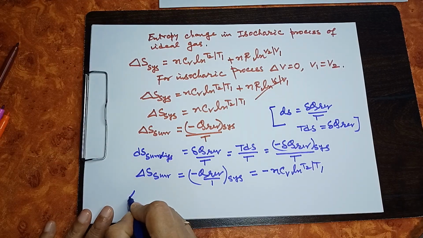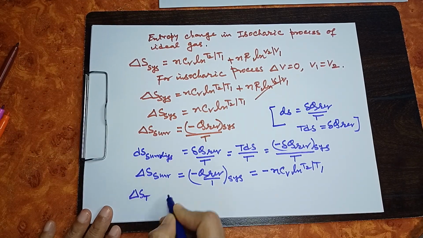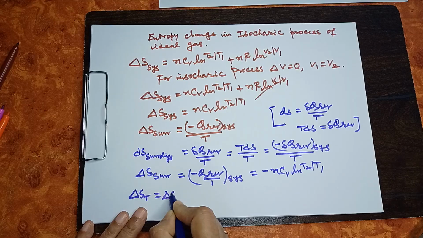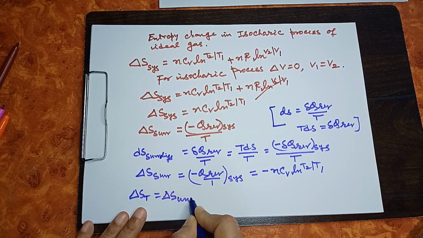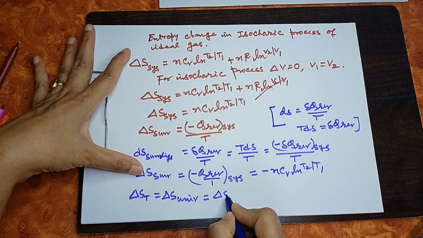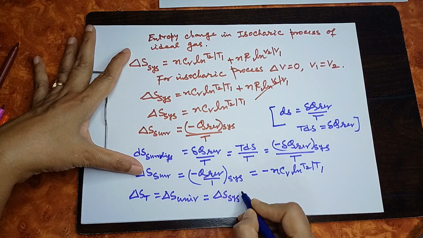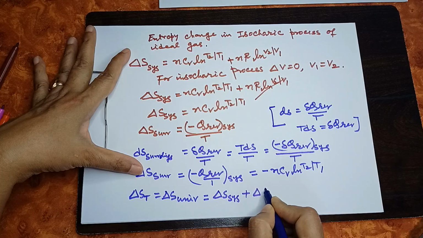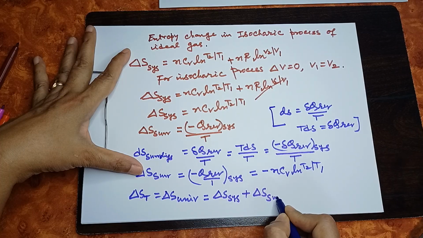So delta S total, or delta S universe, will be equal to delta S system plus delta S surroundings.